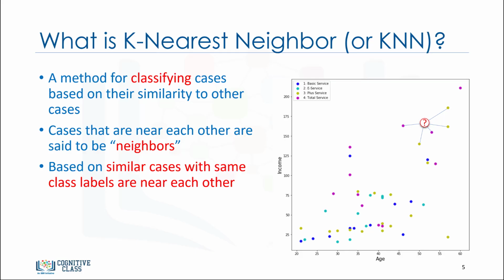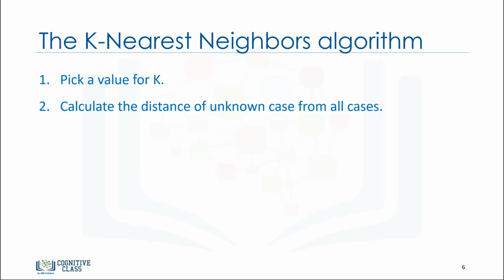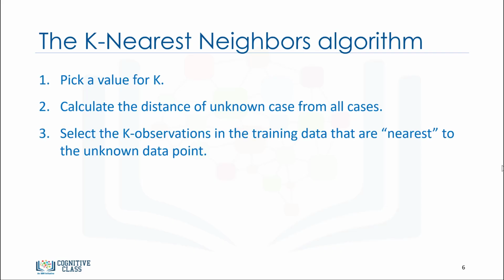Now, let's see how the k-nearest neighbors algorithm actually works. In a classification problem, the k-nearest neighbors algorithm works as follows. 1. Pick a value for k. 2. Calculate the distance from the new case, hold out from each of the cases in the dataset. 3.